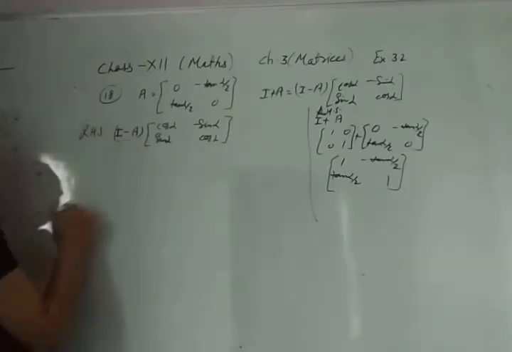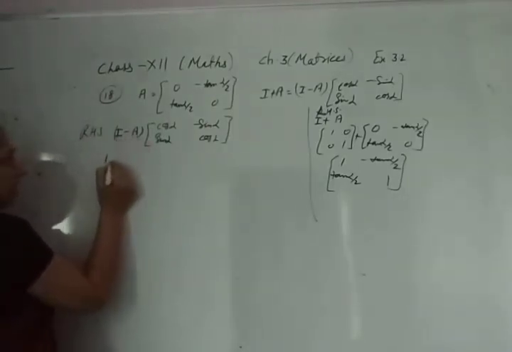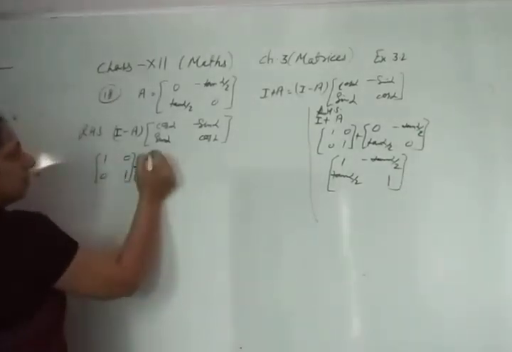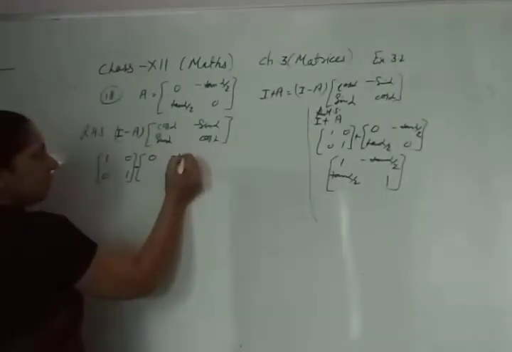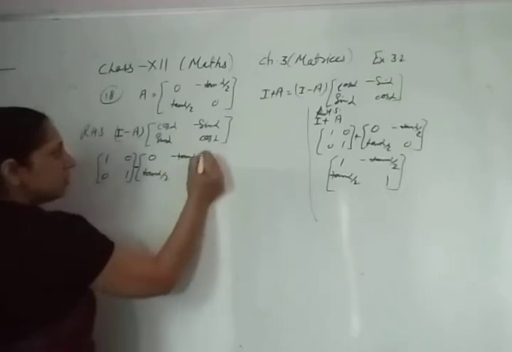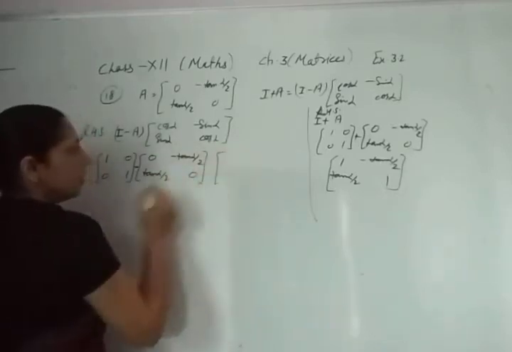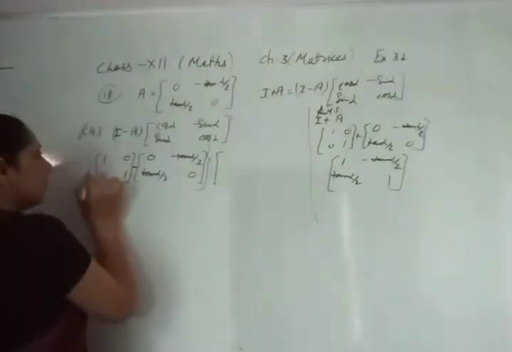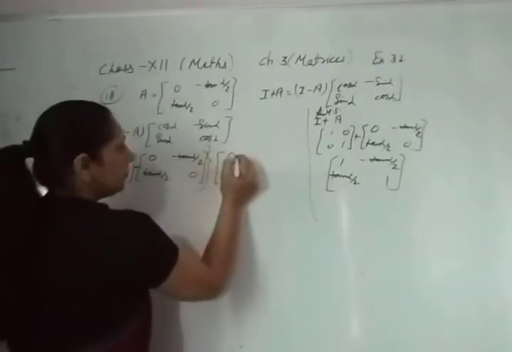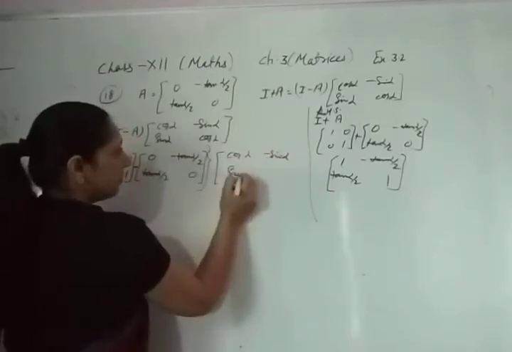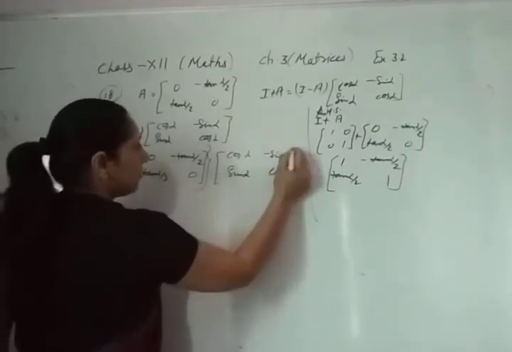So putting the value I minus A, that is 1 0 0 1, minus 0 minus 10 alpha by 2, 10 alpha by 2, and 0, into cos alpha minus sin alpha, sin alpha, and cos alpha.